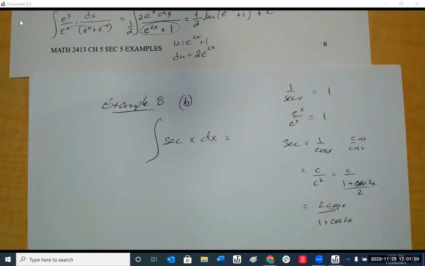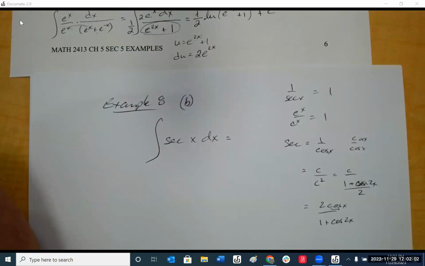I see secant squared, but not secant. Yeah, we can't have that.